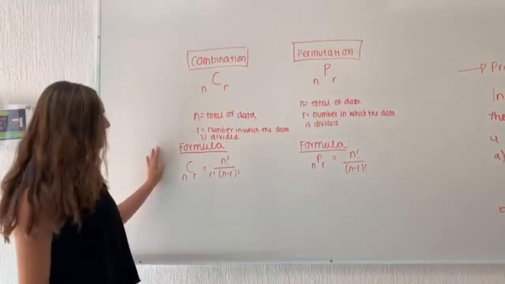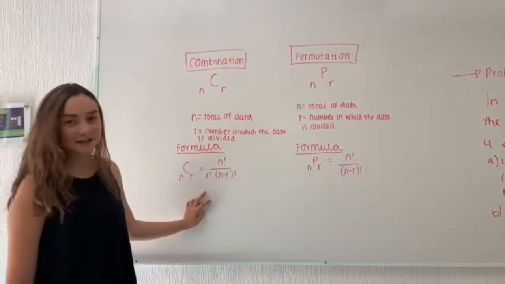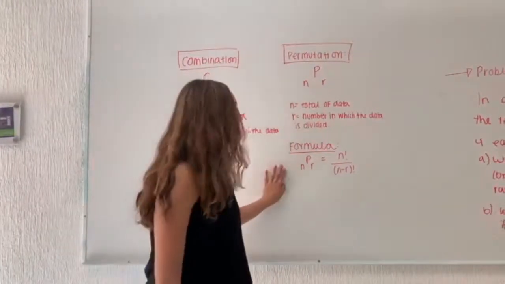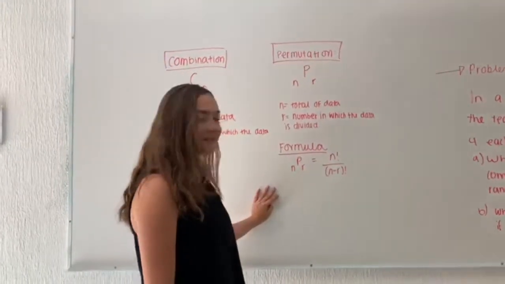Otherwise, you can do it by hand with this formula: N factorial divided by R factorial times N minus R factorial in combination, and the formula of permutation, which is N factorial divided by N minus R factorial.